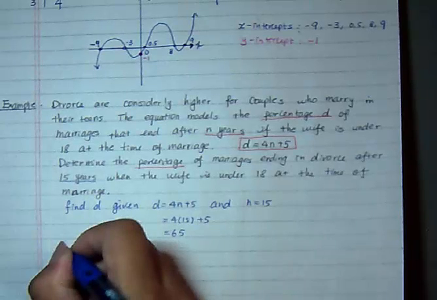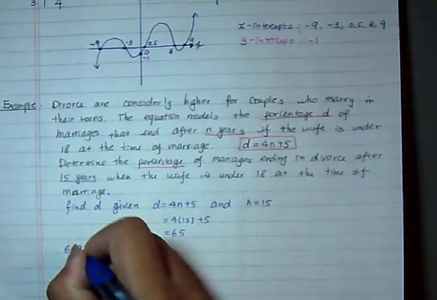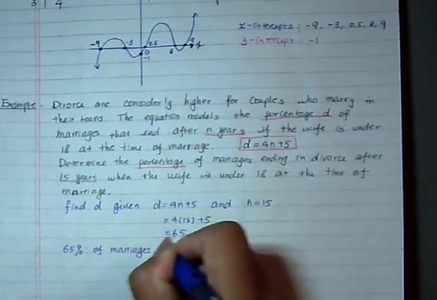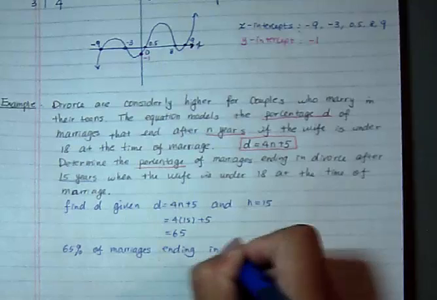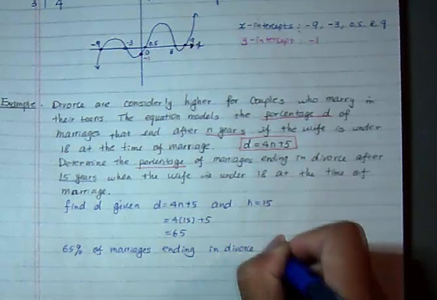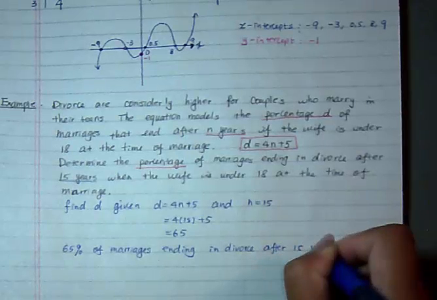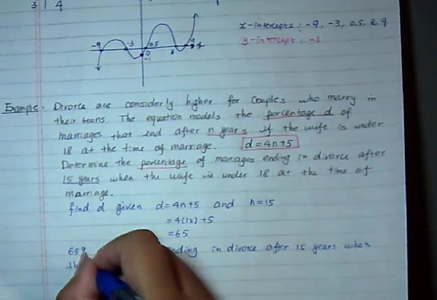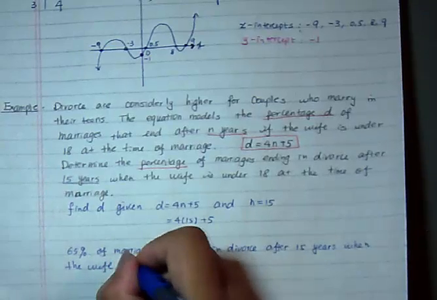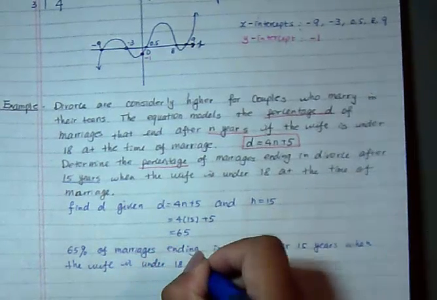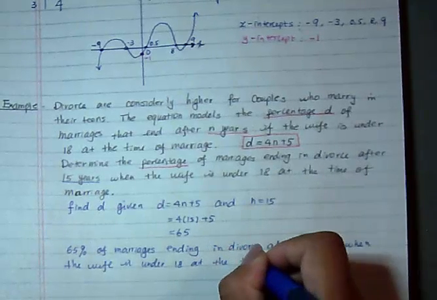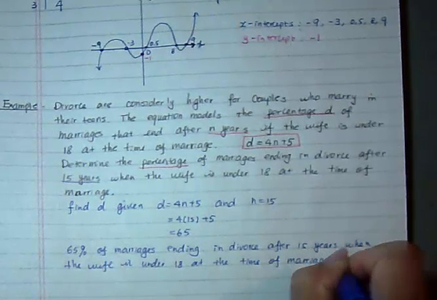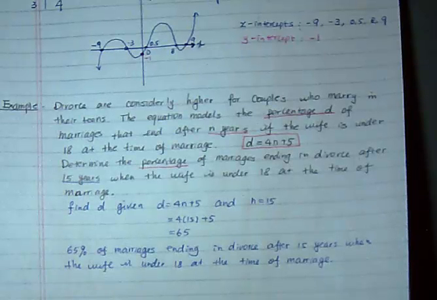So that means 65% of marriages ending in divorce after 15 years when the wife is under 18 at the time of marriage.